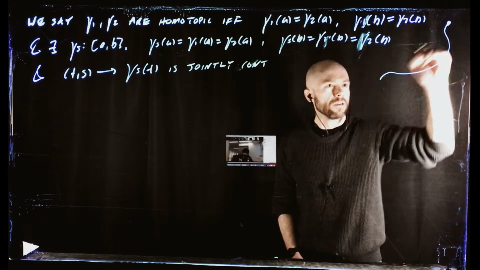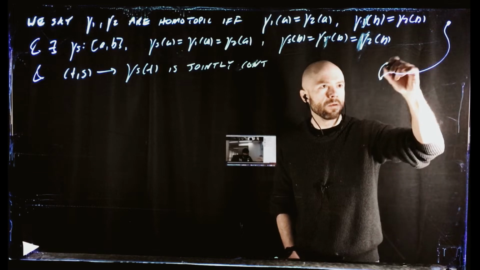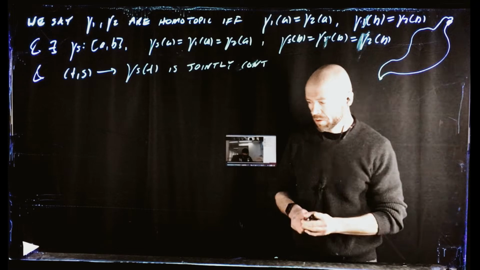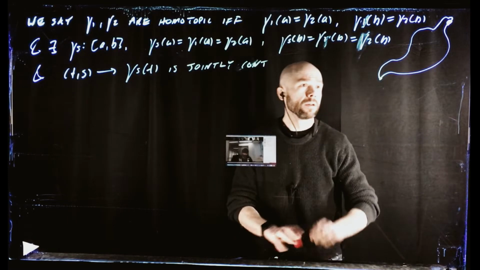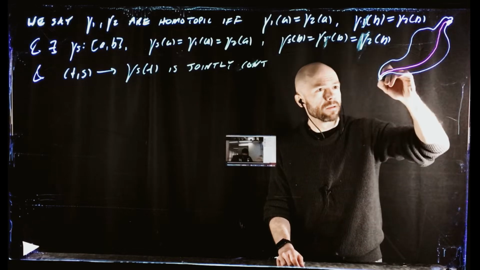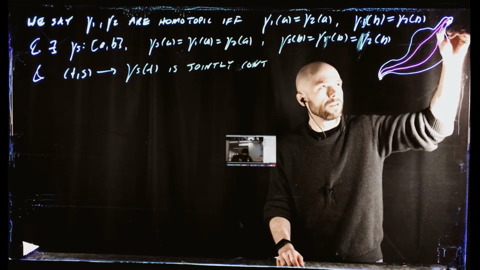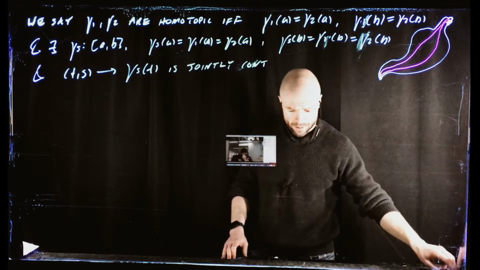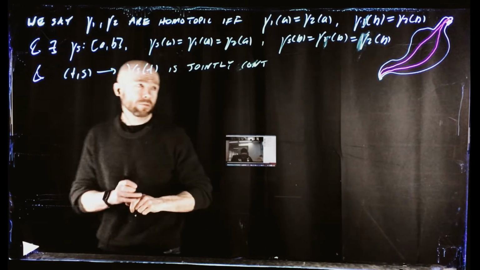If this is the first path, gamma 1, and this is the second path, gamma 2, then we can find a whole family that smoothly goes from being like gamma 1 all the way to being like gamma 2. That's what two curves being homotopic means.